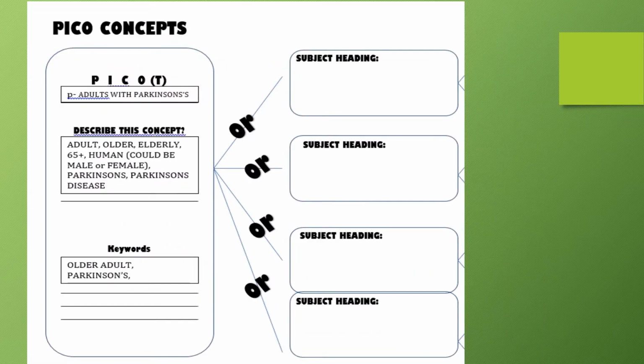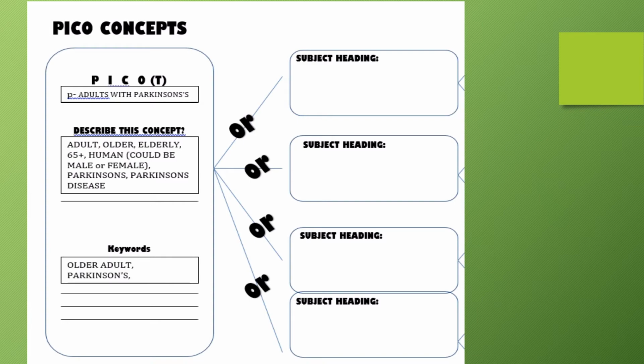So I'm trying to give you some ways of organizing your thoughts as we go through this. I'm taking the PICO concept, the P, adults with Parkinson's, just as an example. Trying to ask myself, how would I describe an adult with Parkinson's? Well, adult, older, elderly, 65 plus, human, could be male or female.